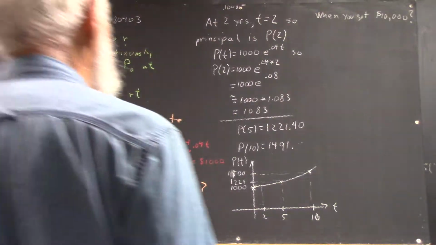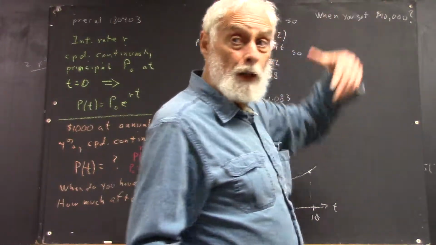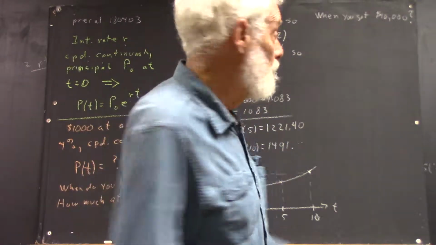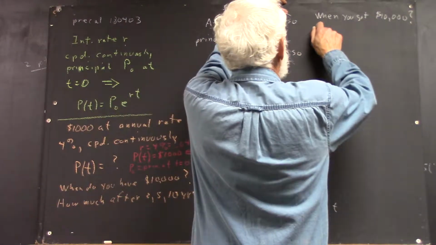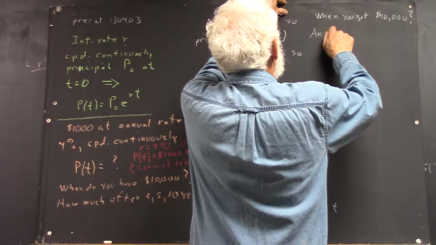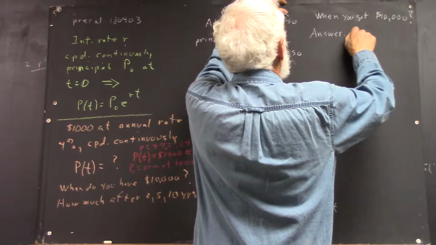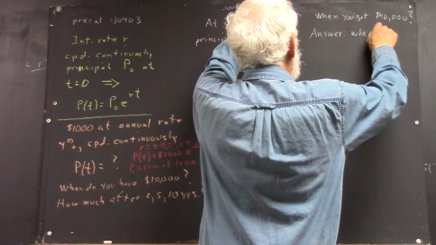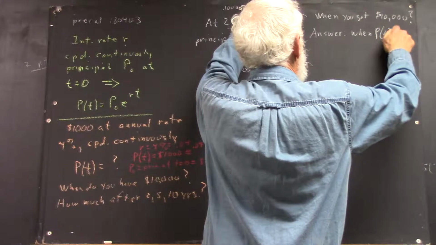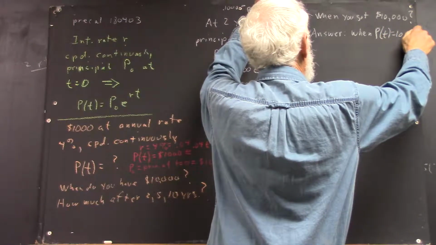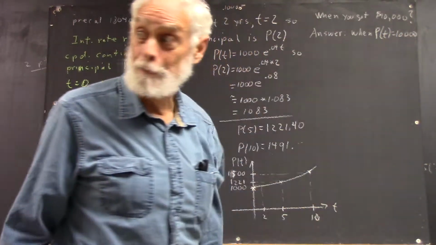Okay, so when do you have $10,000? Well, the answer is when P of T equals 10,000.